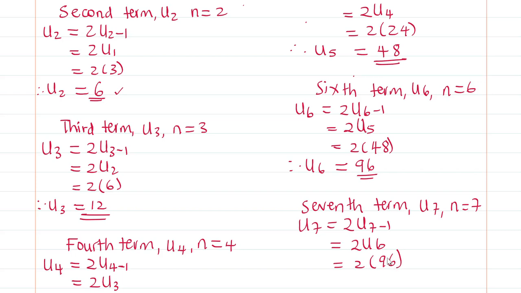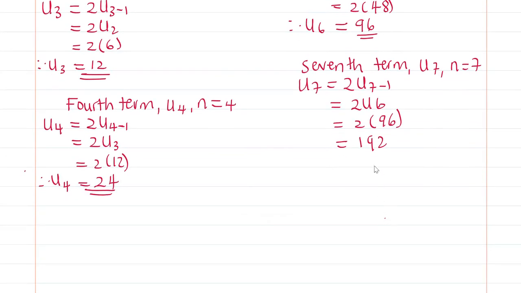What is 96 times 2? Let me press my calculator. I'm getting 192. That is u7. u7 is 2 times u6.